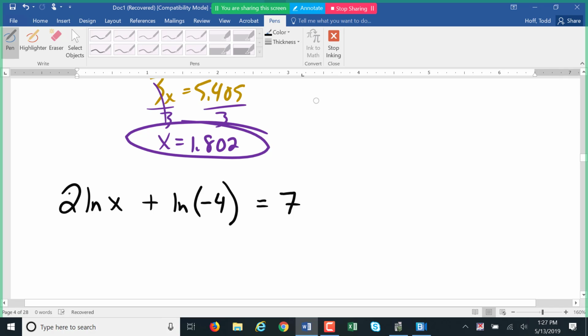Your instinct is to want to jump in here and try to isolate the exponent or the logarithm. Can't do that on this one. This one you can actually combine the logarithms. Remember, 2 ln x is ln of x squared.